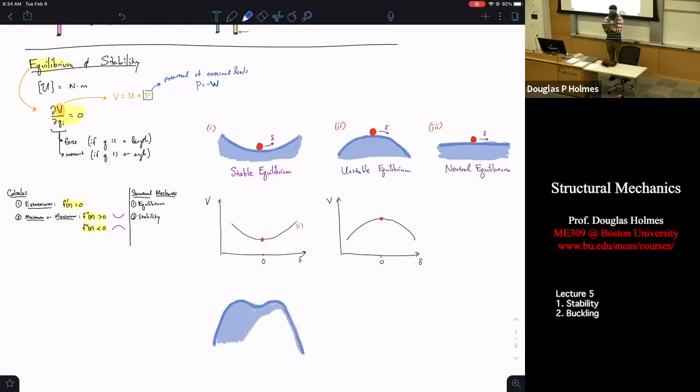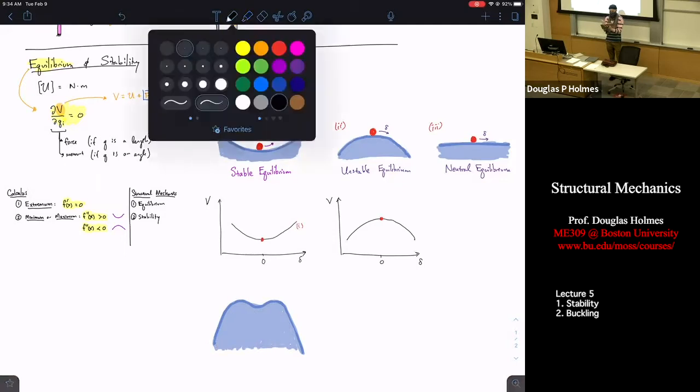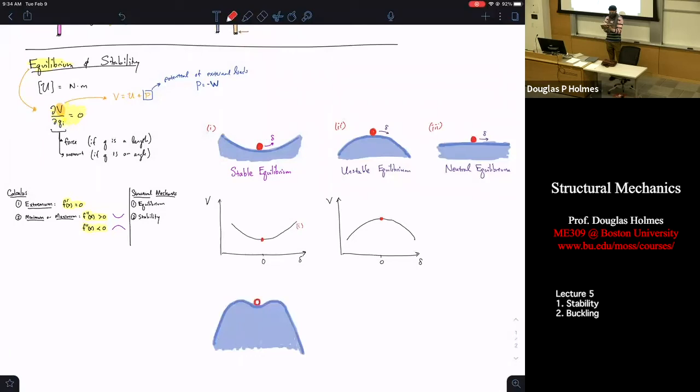In this landscape, if I place a ball in the top of that dimple, then the size at which I poke it plays an important role. It should be fairly clear that if I poke this a small amount, it'll come back to rest here. So this is what we refer to as stable in the small, but unstable against large disturbances. If I push hard enough, this thing becomes unstable.